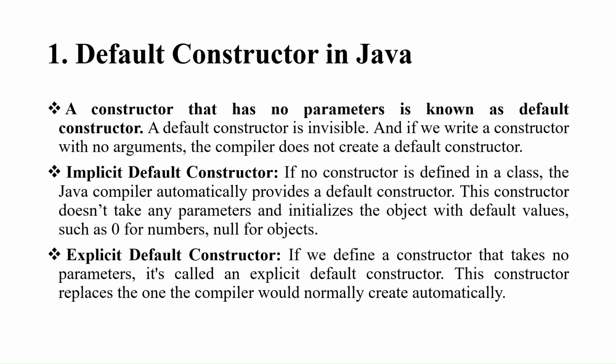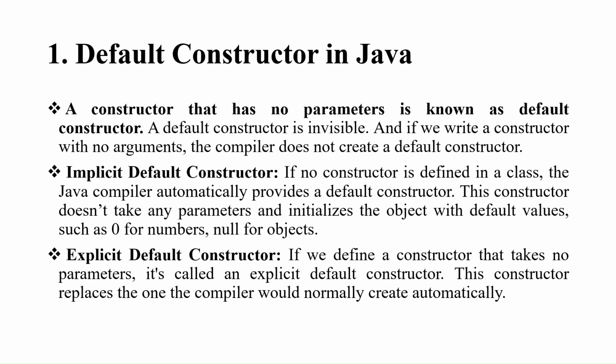We will see the explicit default constructor. If the developer defines a constructor inside the program with no parameters, then it is called an explicit default constructor. This constructor replaces the constructor that is normally created by the compiler.